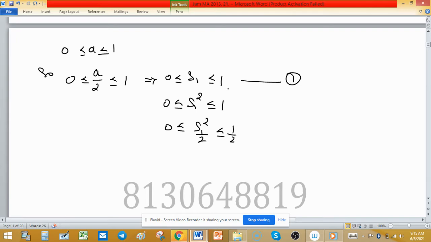so S1 lies between this. So take a square from this one. This should be half, and this should be 1 by 4, so it will be 1 by 8. Now it is perfect. So add a both sides.